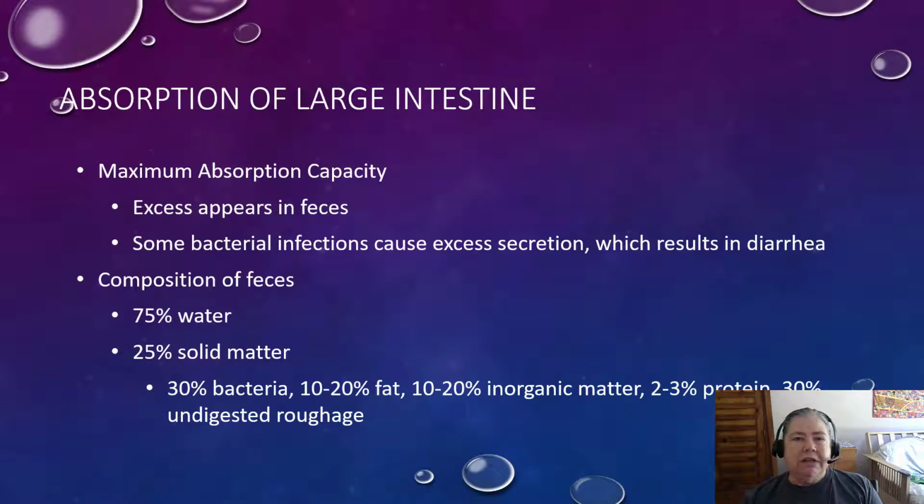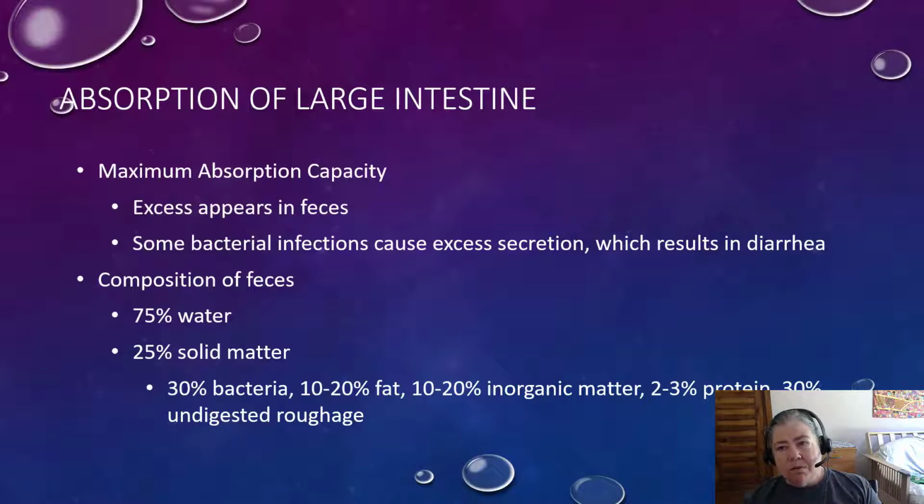So there's only so much water that can be absorbed in the large intestine, and if there's too much water to be absorbed, it appears in the feces. But there are also certain bacterial infections and certain toxins created by bacteria that can cause excess secretion of water into the lumen, which results in diarrhea.